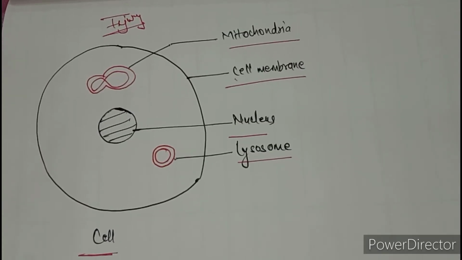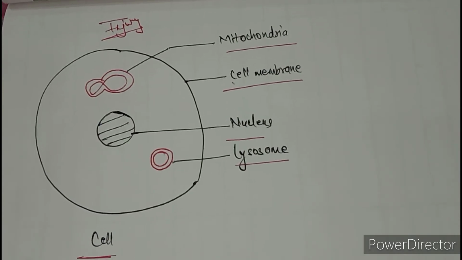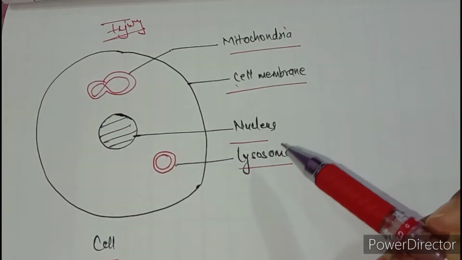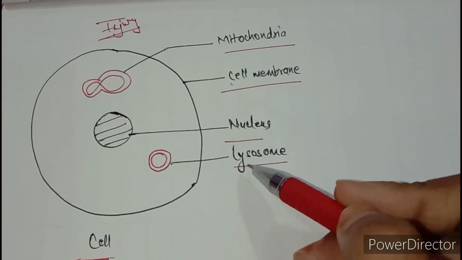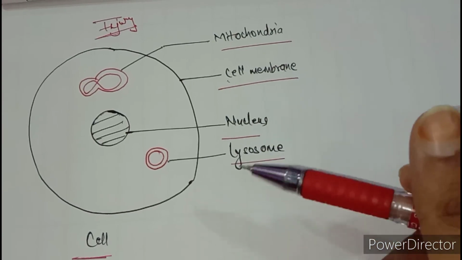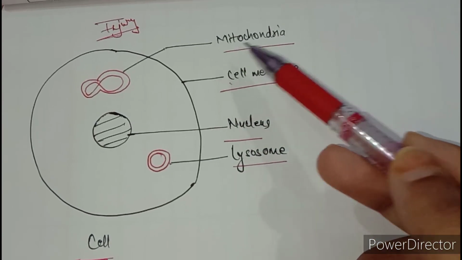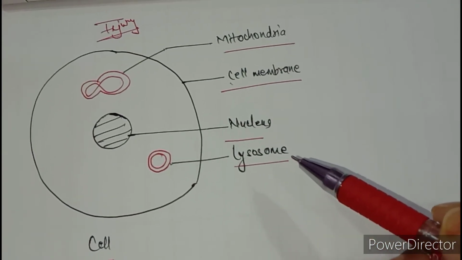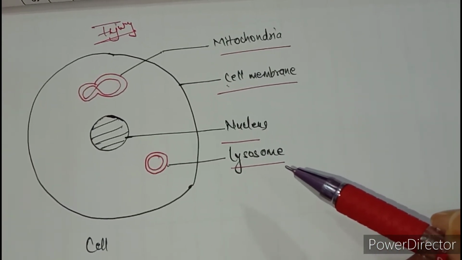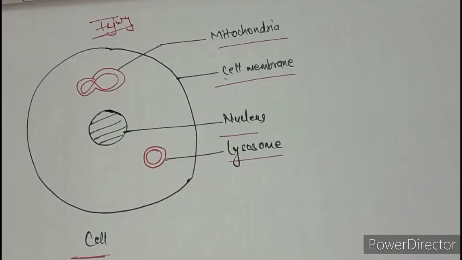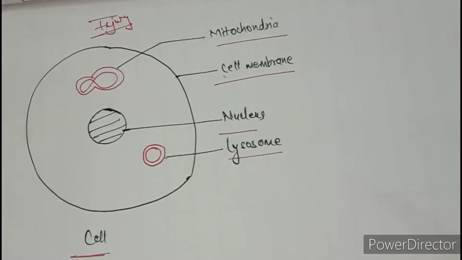Here in this figure we can see a cell with nucleus, mitochondria, cell membrane and lysosome. The cell is bounded by the cell membrane. Mitochondria also have a double-layered membrane and the lysosome is also bounded by a lysosomal membrane. So any kind of injury can affect any of these membranes.